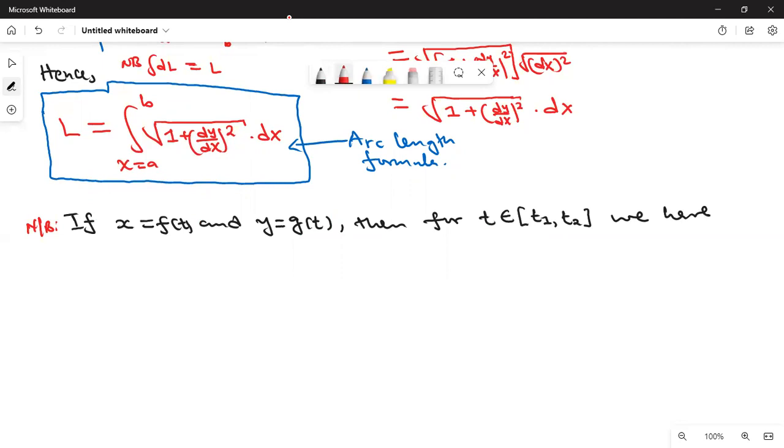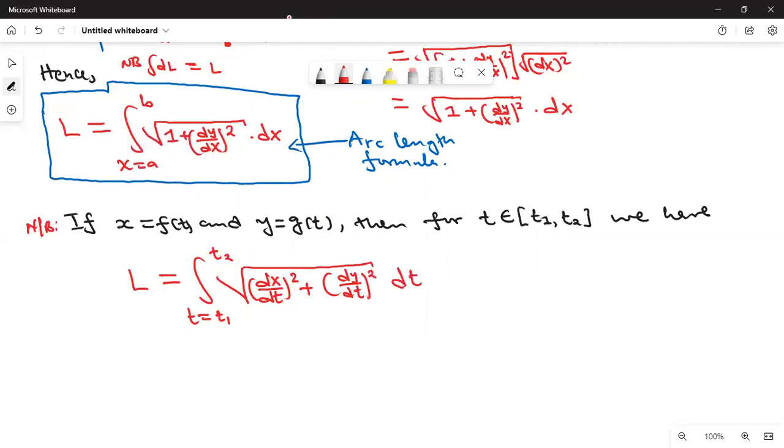in that case, your arc length will now be the integral from t is equals to t1 to t is equals to t2 of the square root of dx over dt, this is squared, plus dy over dt squared.